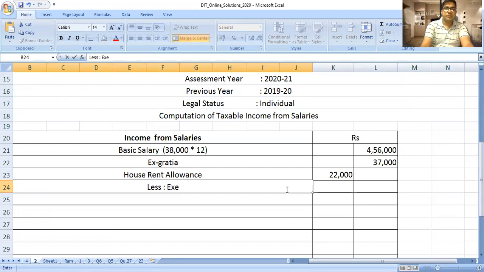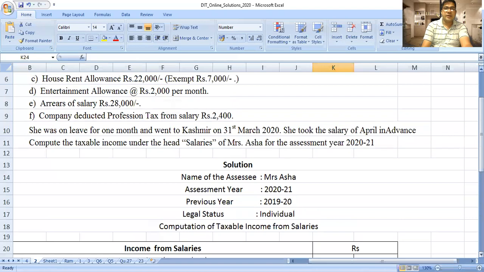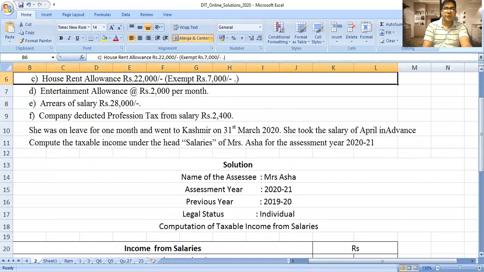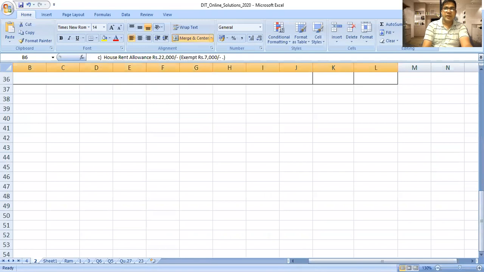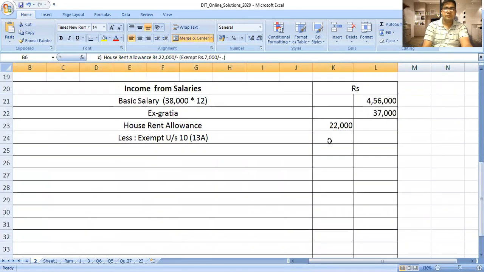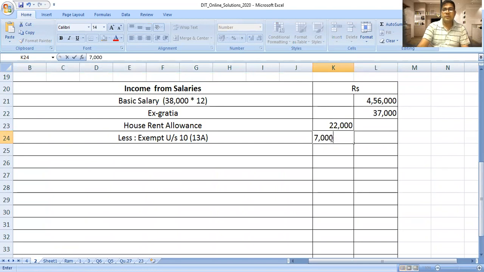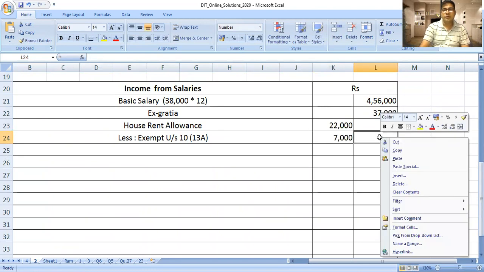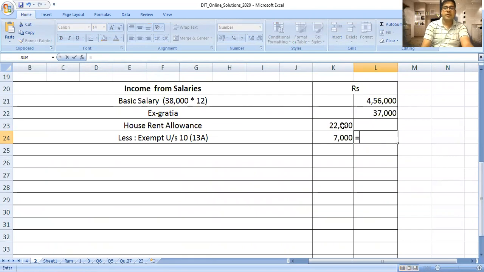Less exempt under section 10 subsection 13A, they have provided 7,000, so we have to deduct the exempt value, that is 7,000. If you deduct the exempt value, the rest of the value will be taxable. 22,000 minus 7,000, the rest of the value, 15,000, is taxable.